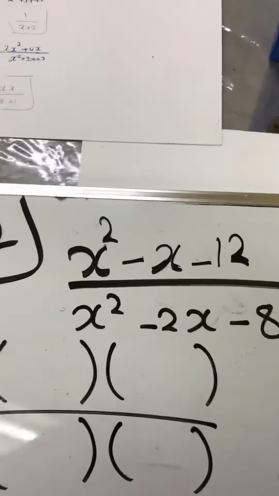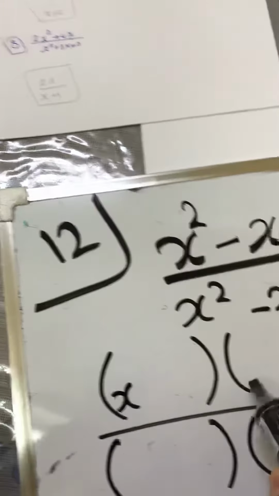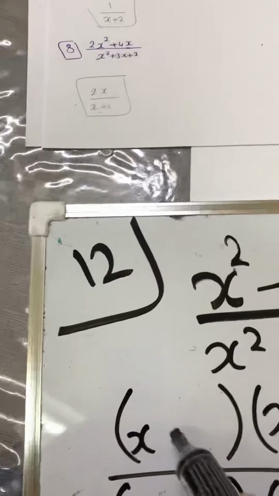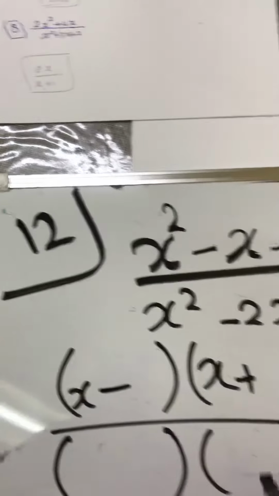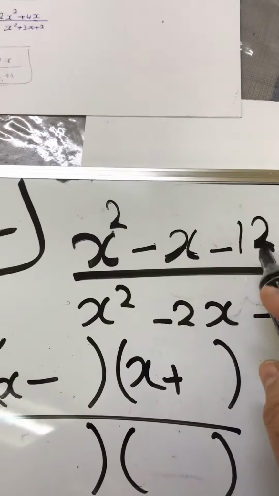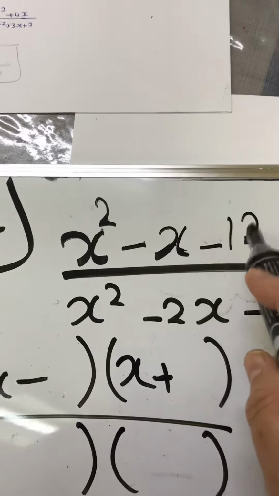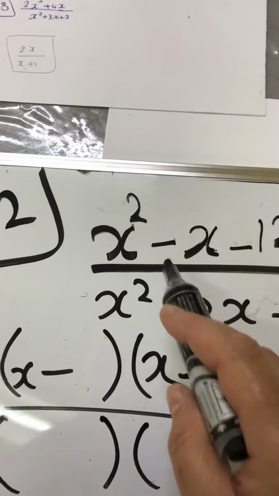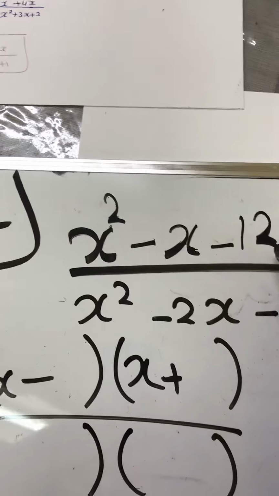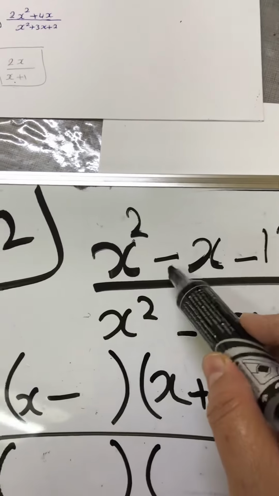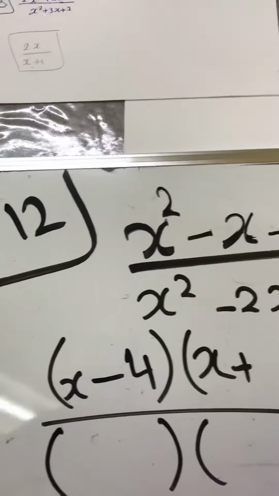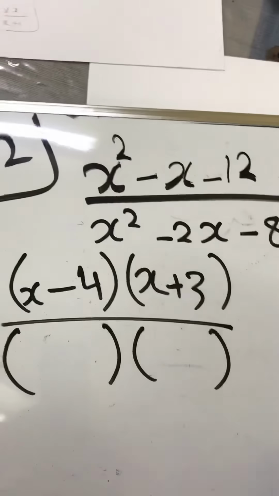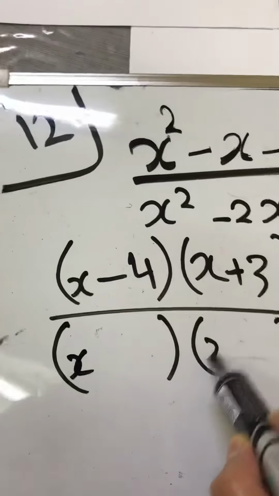Factorize numerator and denominator. X squared, it will be x times x. Negative 12 comes from negative and positive, which multiply give me 12 and the sum with the sign equal negative 1. So 4 and 3, the bigger 4 will take the sign of the middle, negative, and the 3 will take positive.